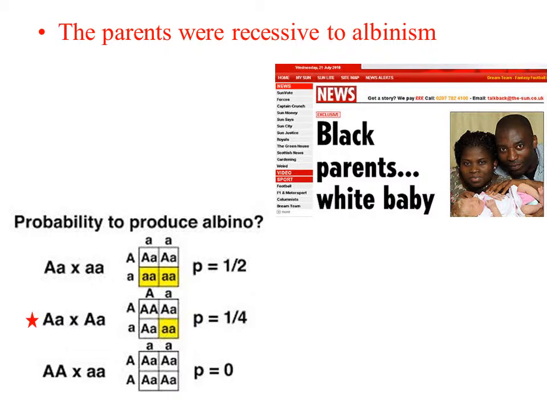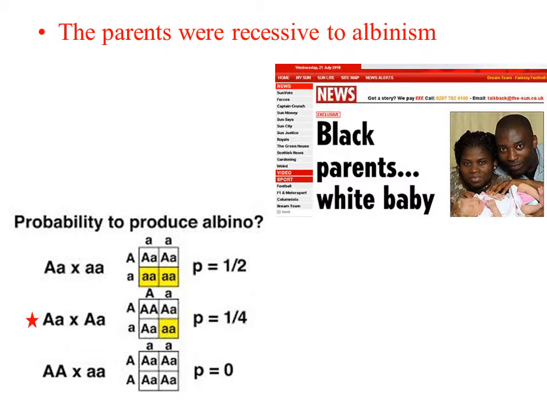The parents in this news article were recessive for albinism. I highlighted the cross with a star. They were both heterozygotes. They had one genotypically normal individual, 2 out of 4 carriers, and 1 that had albinism.